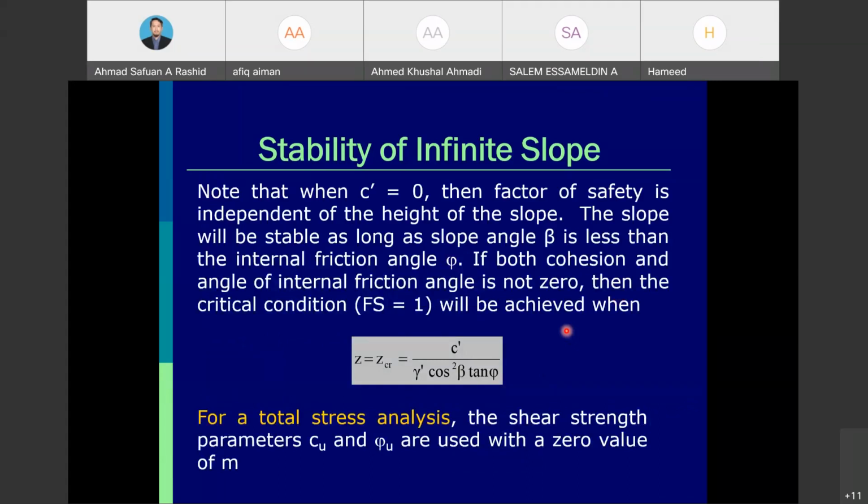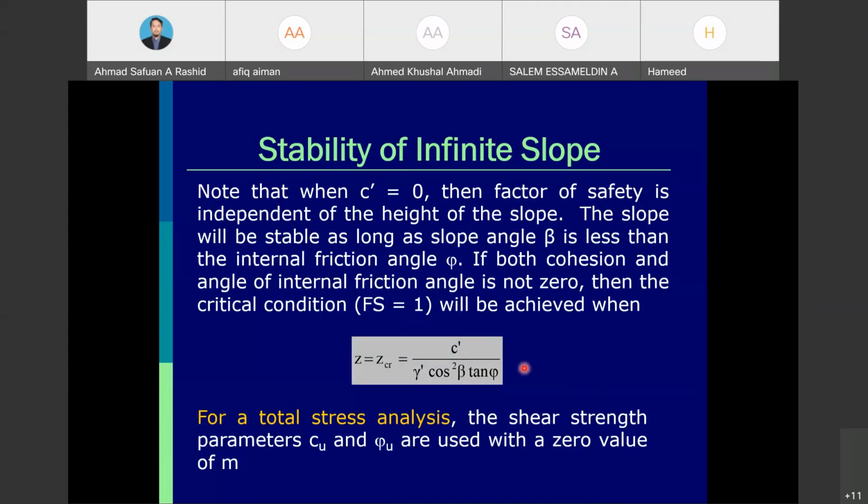If both cohesion and angle of internal friction are not 0, then the critical condition Fs equal to 1 will be achieved when Z reaches ZCR, which is the critical height.